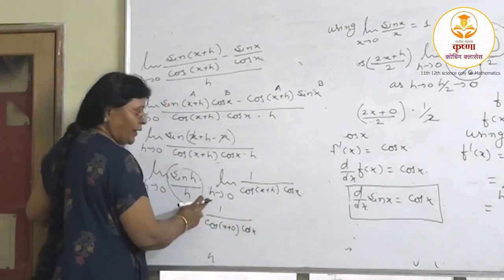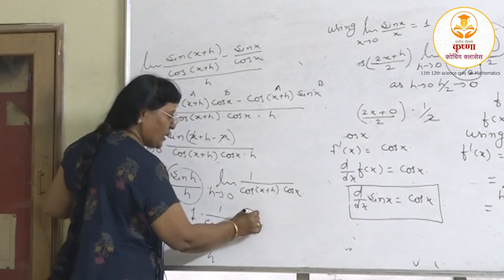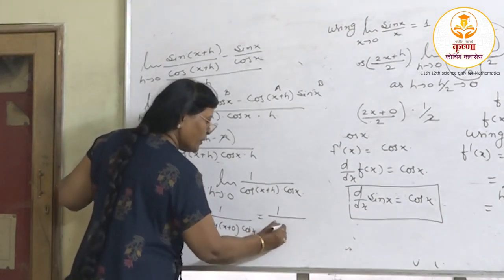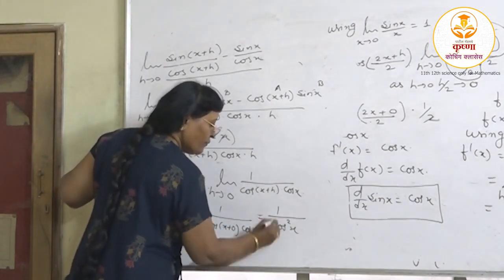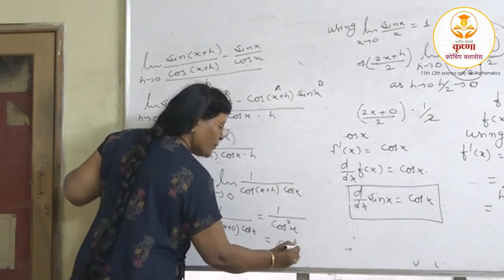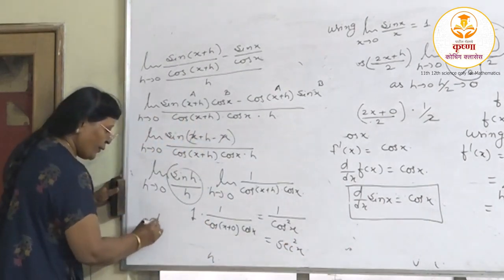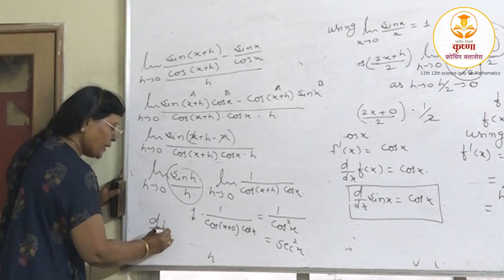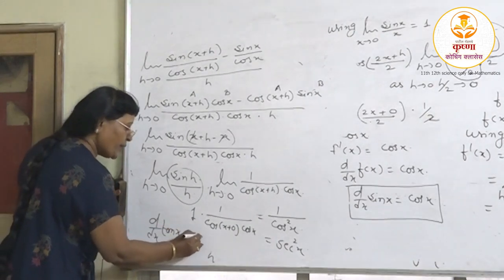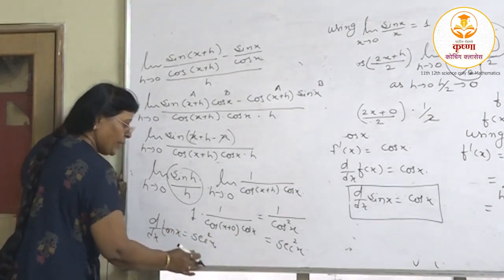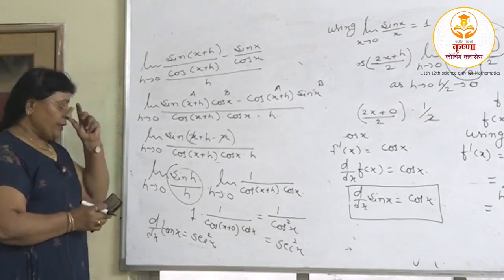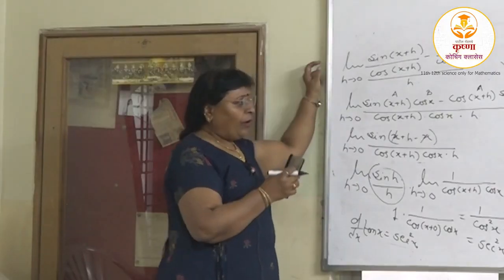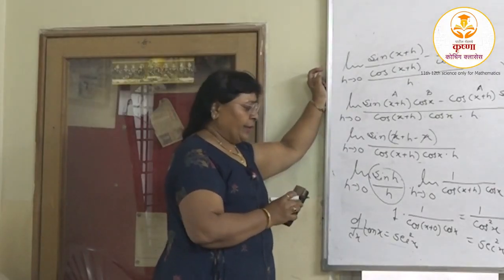It is independent of h, considered as a constant, and the limit of a constant function is always equal to the constant. 1 upon cos square x is equal to sec square x. Therefore, here you have got d/dx of tan x equal to sec square x. In this way, with the help of the first principle, we can find out all the formulas of the derivative, isn't it?